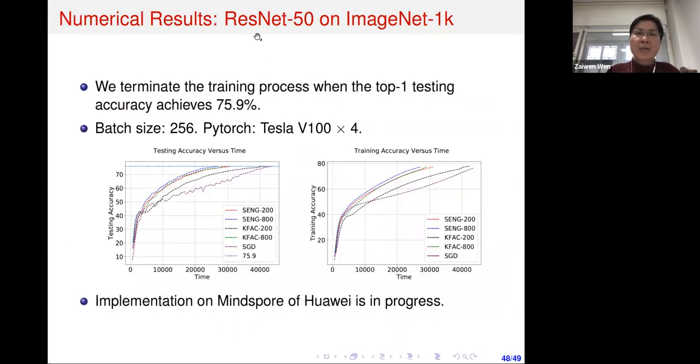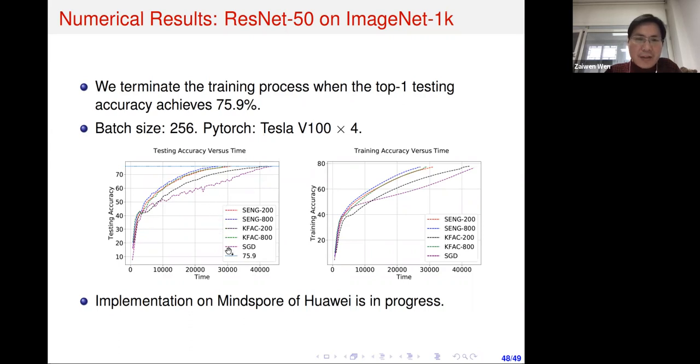Now we're going to compare our method with KFAC and SGD on ResNet, on ImageNet. Once again, we want to achieve a test accuracy of 75.9. The batch size is 256, on 4 GPUs.